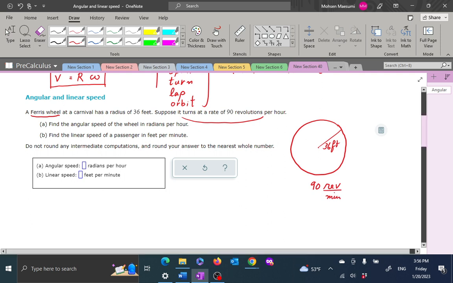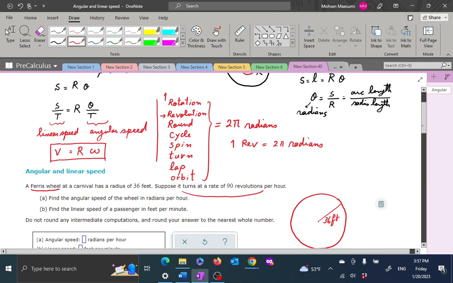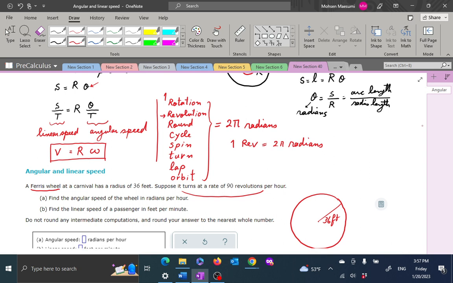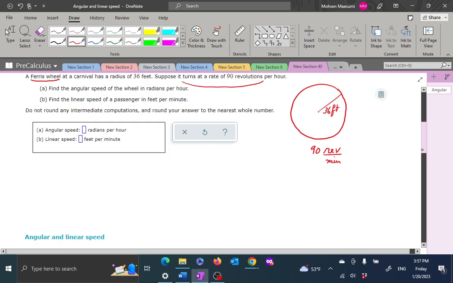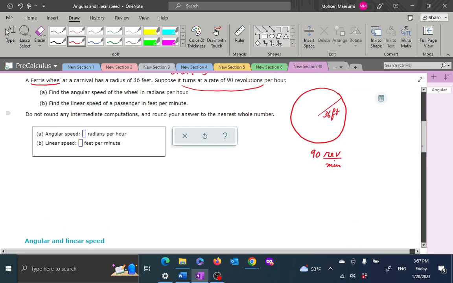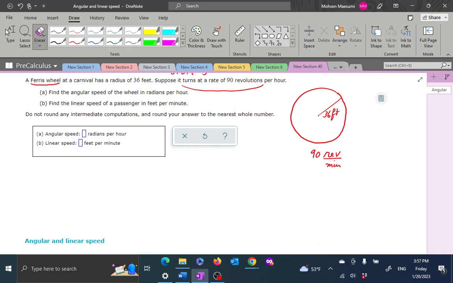Now, when we want to make use of this formula, we have to remember this theta here is not revolutions, it's radians. So in any of these problems, if you want to do a conversion, we have to remember that going around the circle once means 2 pi radians. So here, 90 revolutions per minute, oh excuse me, I made another mistake.